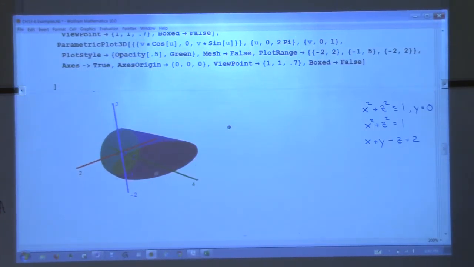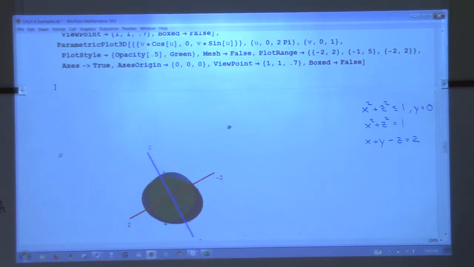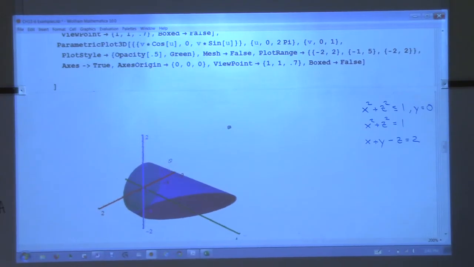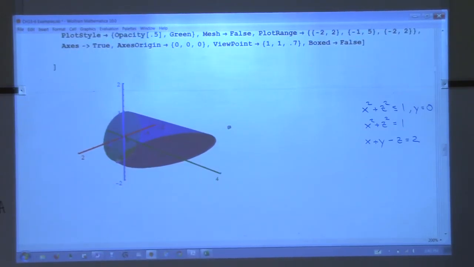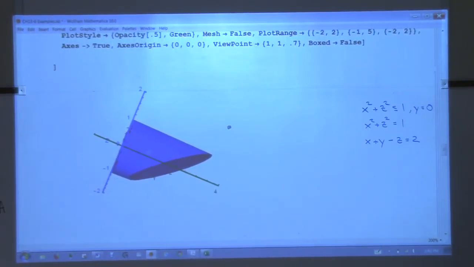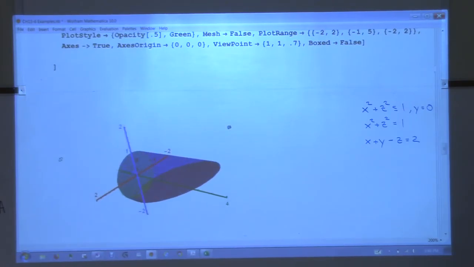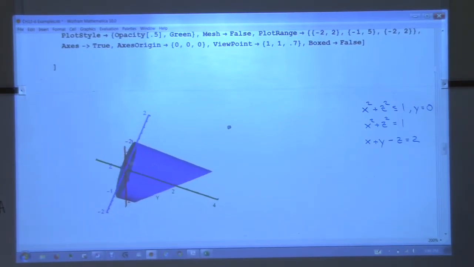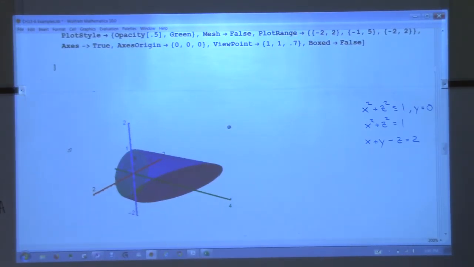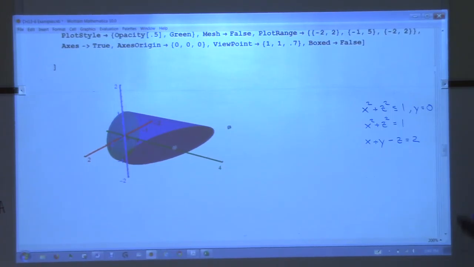I'm going to spin this around, then we're going to take a break. We have a cylinder that's very similar to the problem we just did, that blue part. The difference is that the back side of this is not at 1. It's up against the xz plane, at y equals 0. And the front cap here is no longer flat.